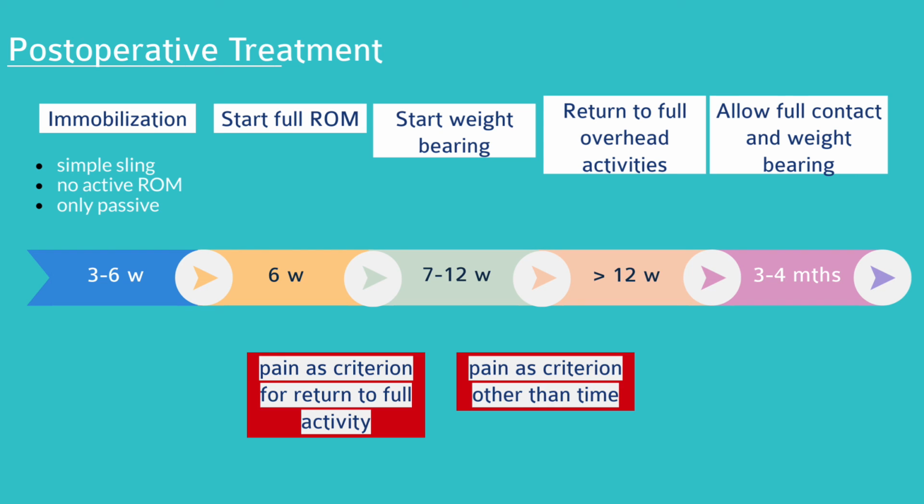Pain is considered as a criterion other than time. So we don't only stick to the time criteria, but also to pain. If a patient is getting better with pain, you can start earlier with the weight bearing. If a patient has more pain, you will have longer rehabilitation. And also here, full contact sports and full weight bearing is only allowed at 3 to 4 months.